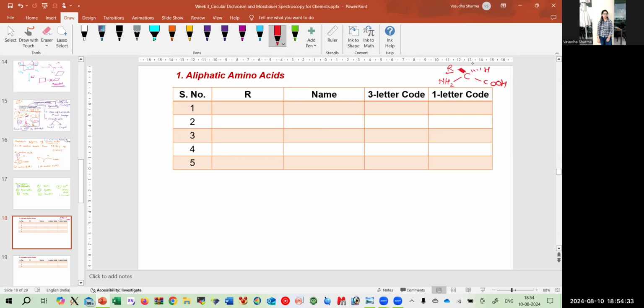If you're talking about the aliphatic, that means all the R substitution has to be aliphatic.